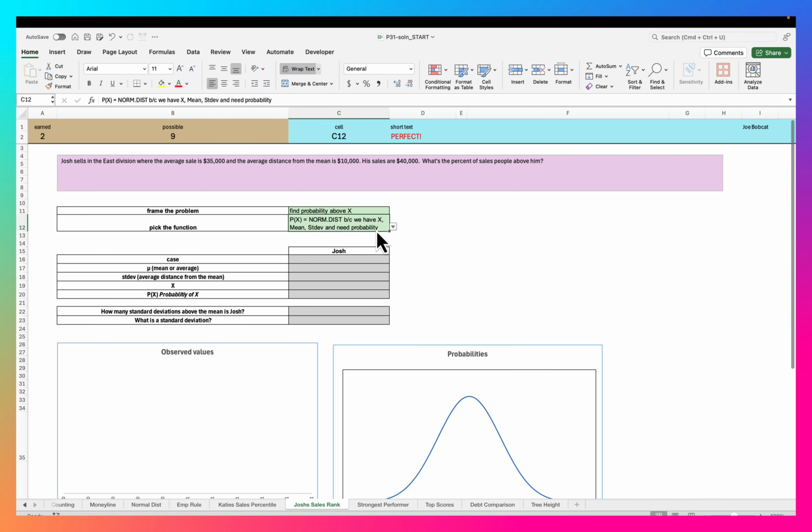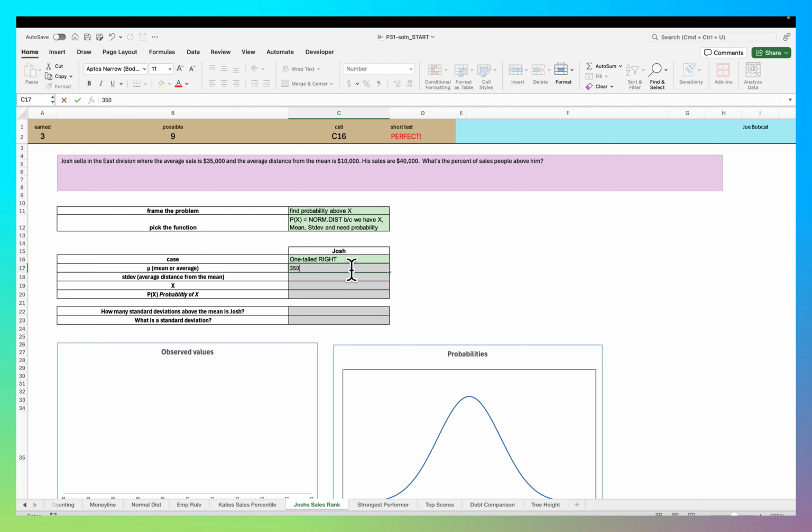It's going to be norm.dist again, because we're after a probability. The case is going to be to the right, though, not the left, like it was before. And the mean is 35,000. Standard deviation is 10,000. X is 40,000.